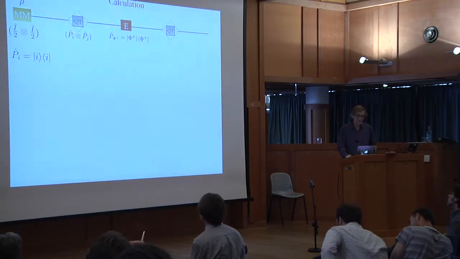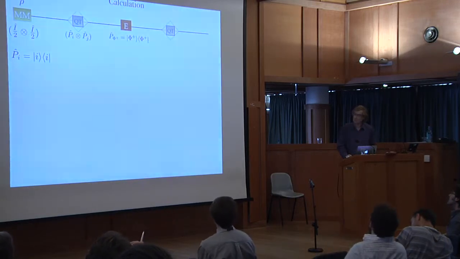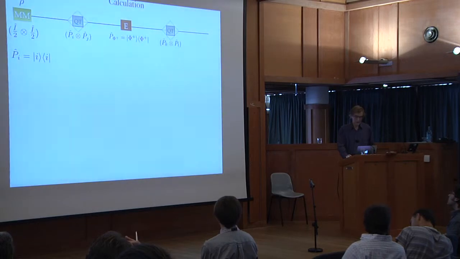We're doing this just for the set of runs in which phi plus was obtained. We took quantum tomography data again, so we need to calculate the probability of K and L for all the values of K and L for that quantum tomography data.